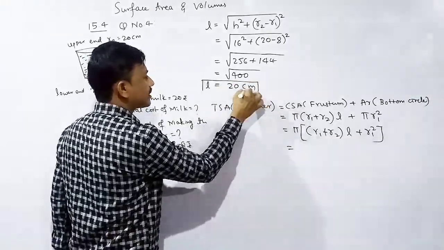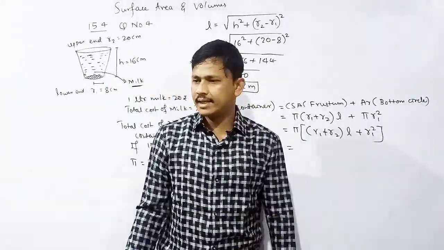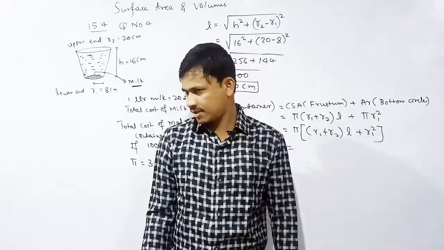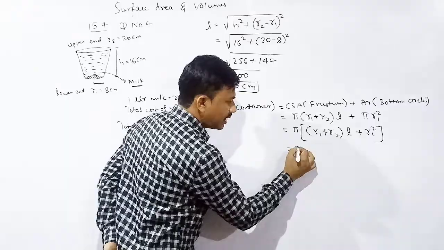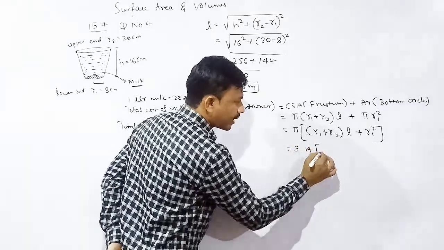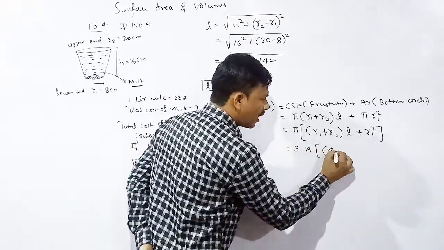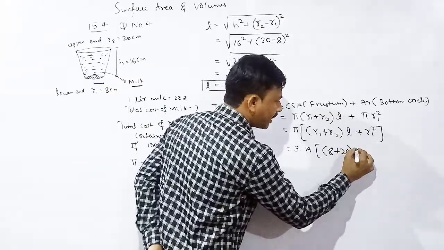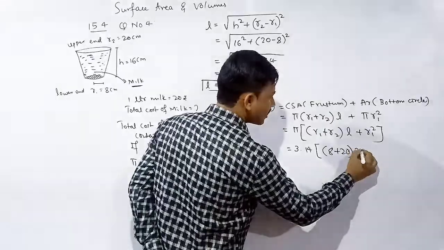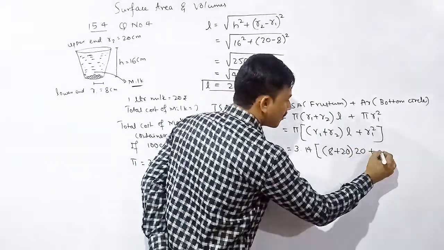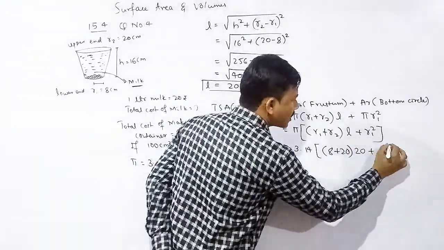What is the slant height here? 20 centimeter. Correct. What is the pi value? 3.14 in bracket, R1 plus R2 is 28, slant height is also 20, plus R1 square, 8 square.